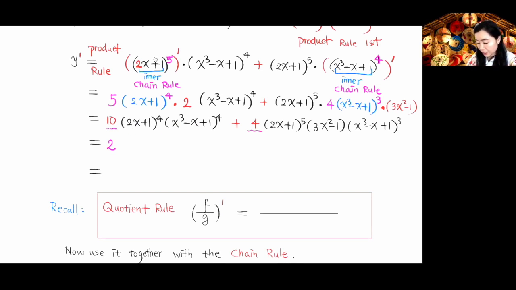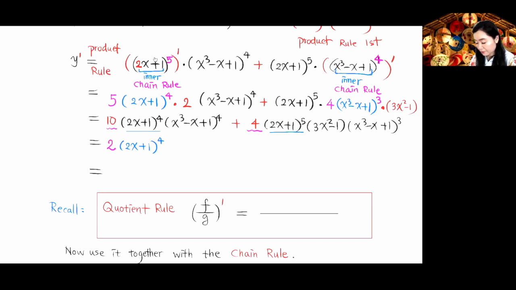And what else can we take out? We can also take out 2x plus 1 to the 4 power, since 2x plus 1 to the 4 power and 2x plus 1 to the 5th power have a common factor of 2x plus 1 to the 4 power. So I'm going to take that out also. And what else?